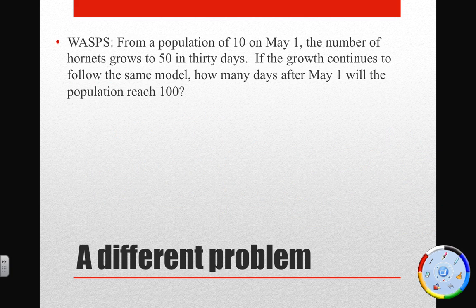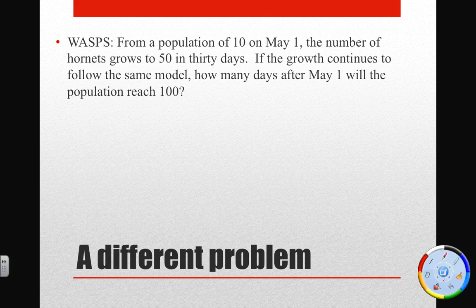A slightly different problem here, one that requires a little bit more work, obviously. We have this problem about wasps. I didn't feel like going into the whole word problem in here, but from a population of 10 on May 1st, the number of hornets grows, I said hornets, but it's supposed to be wasps, to 50 in 30 days.